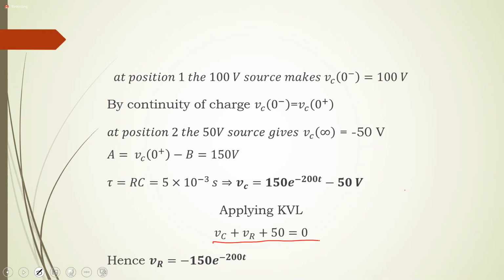That is it for single transients. We have looked at source-free circuits and forced response. To wrap it up, we look at double energy transients. Our circuit so far has included either a resistor or a capacitor.